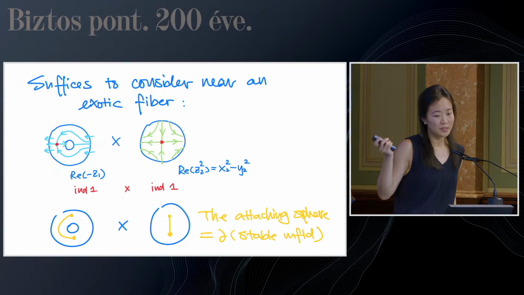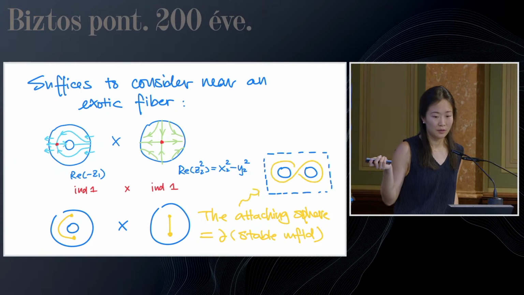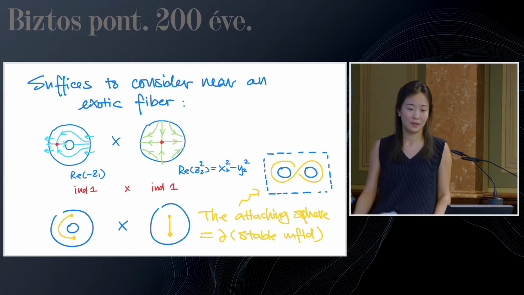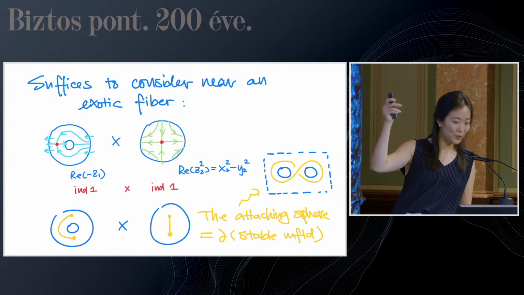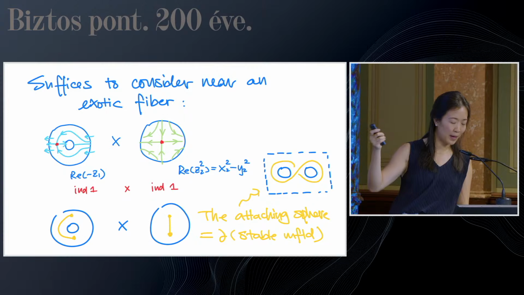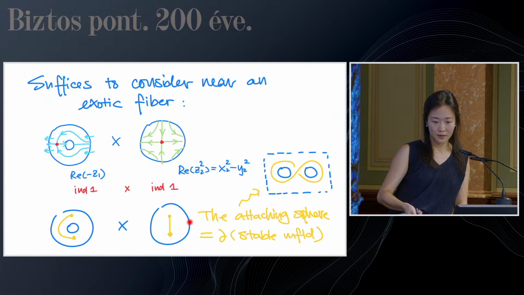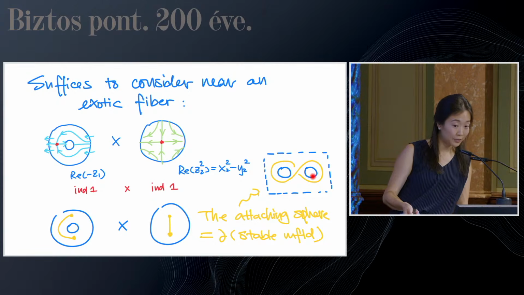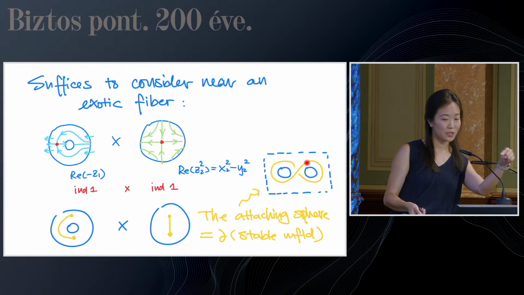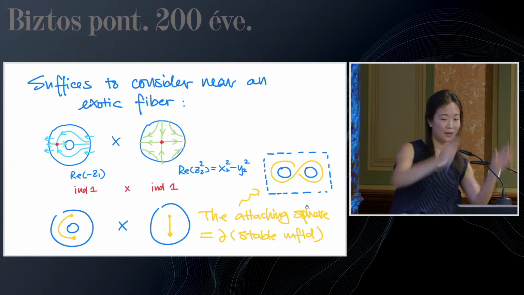And if you plot the boundary of the stable manifold, you will see this figure 8 curve near the boundary. These are two boundary components of a regular fiber nearby. So these two boundary components, as you go close to the exotic fiber, collapse to one.